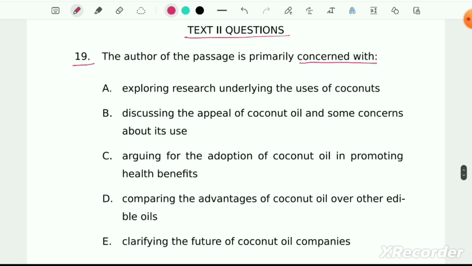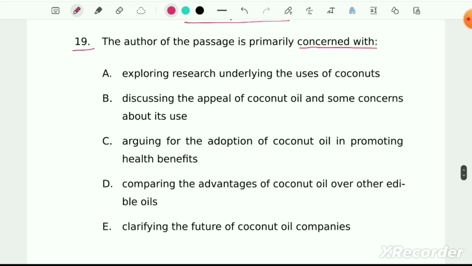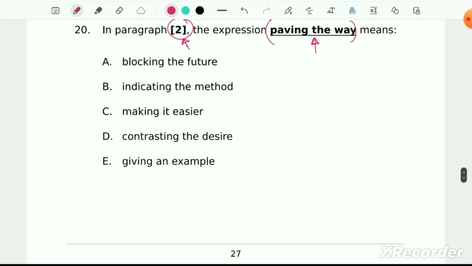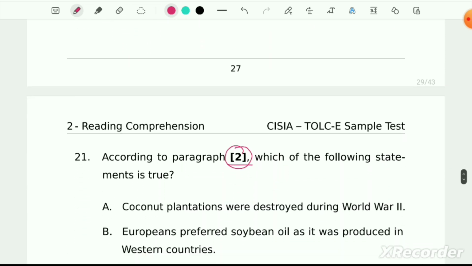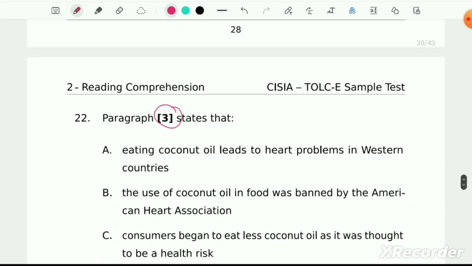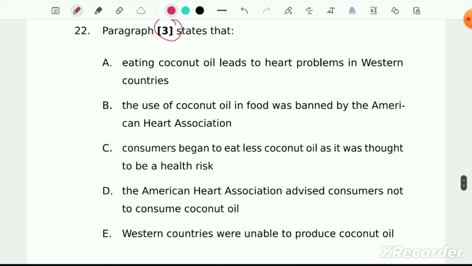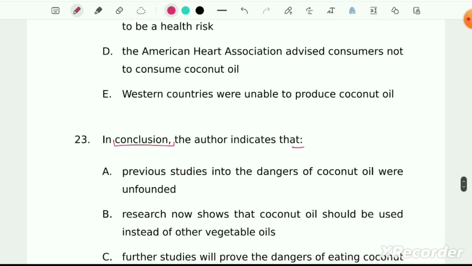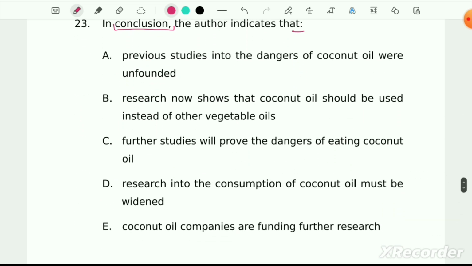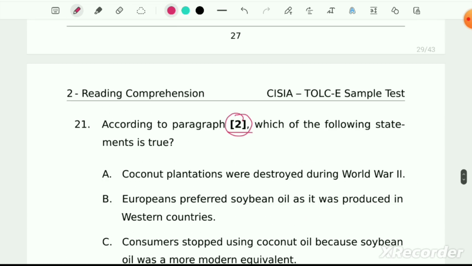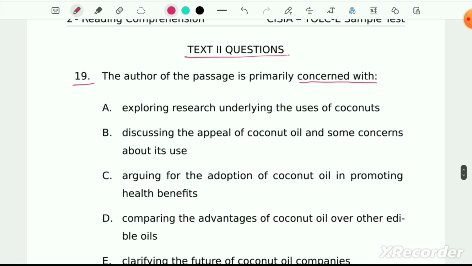The first question comes from the first paragraph, then questions number 20 and 21 come from paragraph 2, and 22 comes from paragraph 3. In conclusion, the author indicates that, this question comes from paragraph 4. Okay, let's read question number 1.